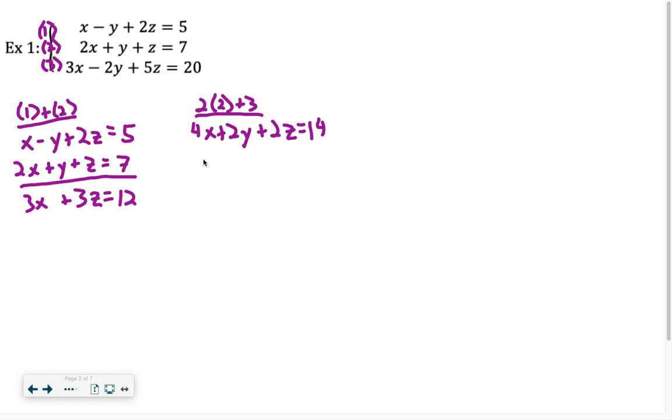And then equation 3 stays the same. So 3x minus 2y plus 5z equals 20. All right. So adding these, we get 7x, y's cancel, plus 7z equals 34.